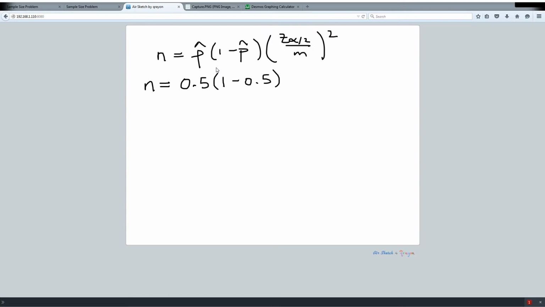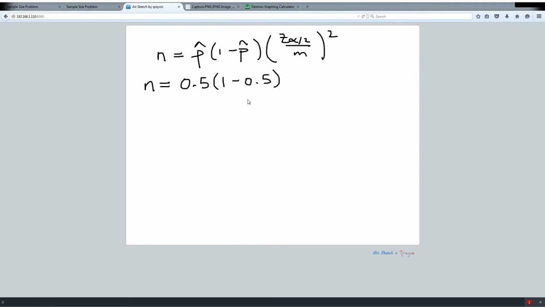And the reason why you want to do that is because, like I said, this quantity here, p hat times 1 minus p hat, will be as large as it possibly can be. And so that will ensure that no matter what p hat truly is, whatever it comes out to be, the sample size that we'll get will ensure that we have the confidence interval of the proper width that we want.